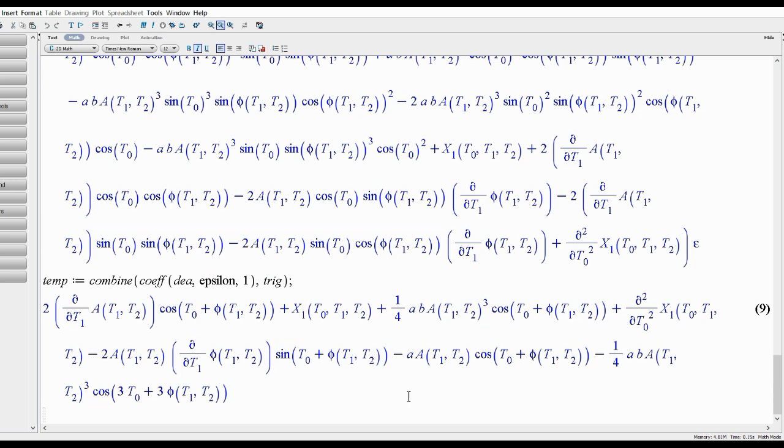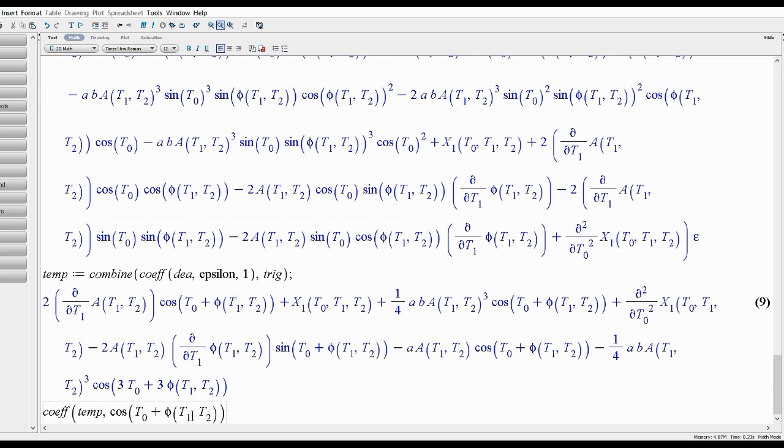Okay, so let me pull out these things. So let me say the coefficient in temp of cosine, because that's one of the resonant terms. There it is.